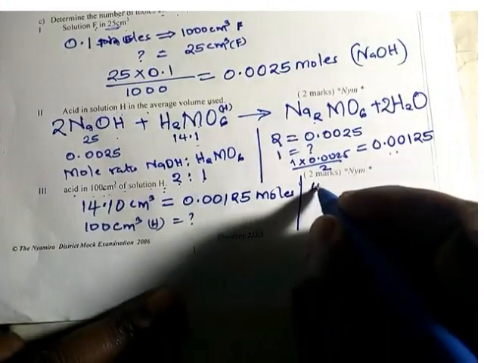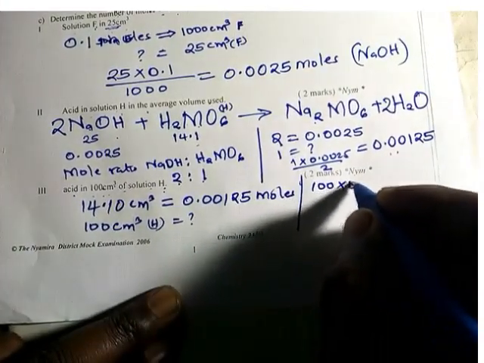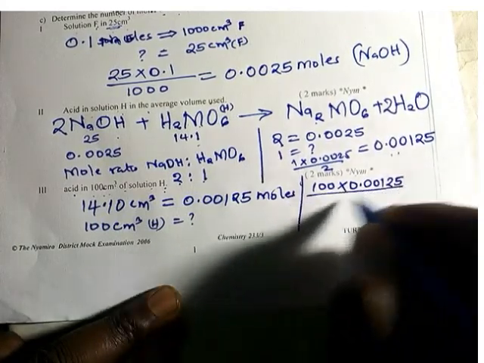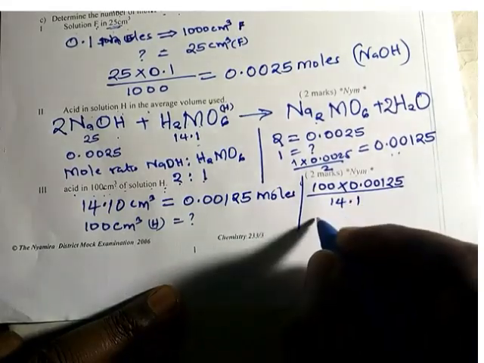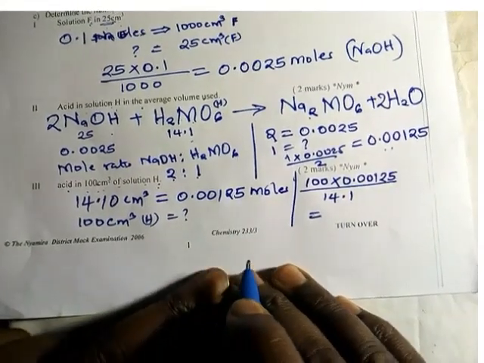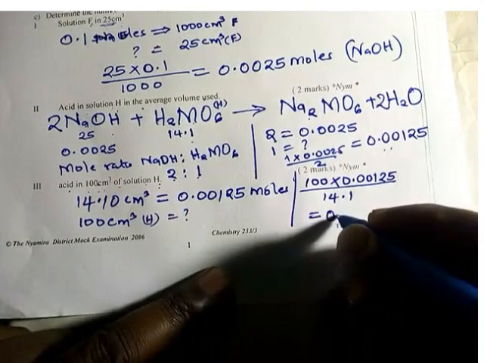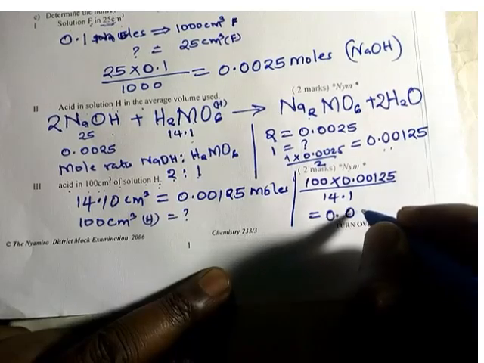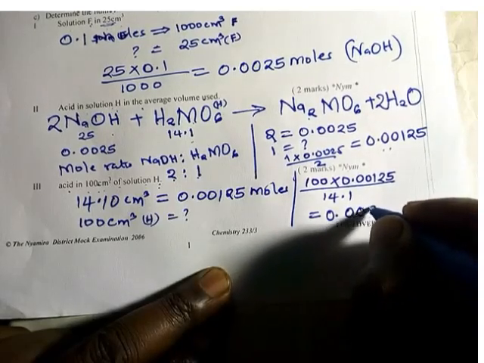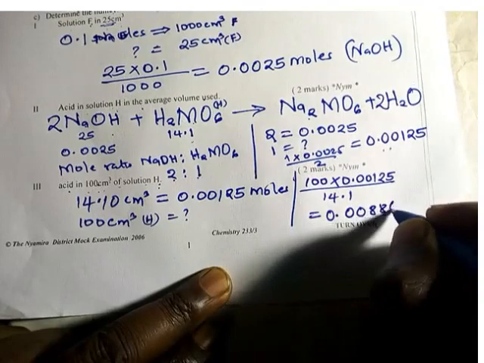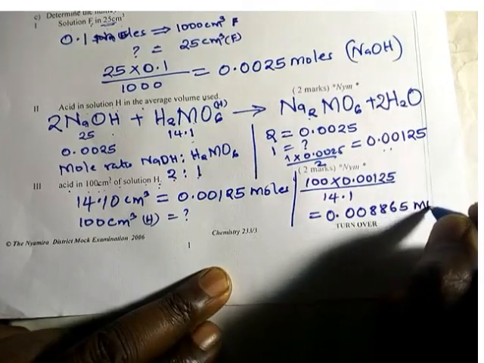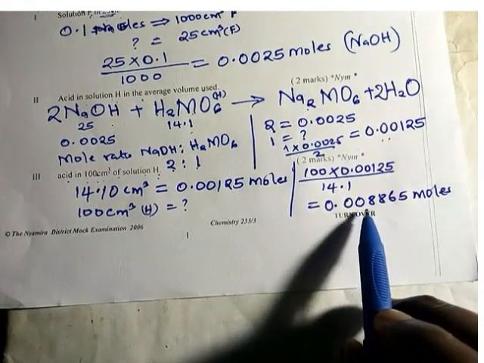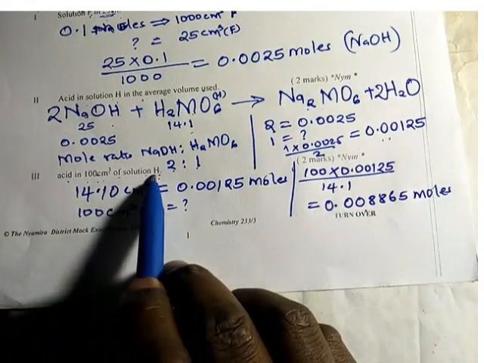So we simply do 100 times 0.00125 and divide by 14.1. That one gives us 0.00865 moles. This is the number of moles in 100 centimeters cube solution H.